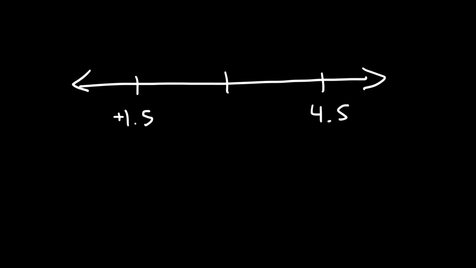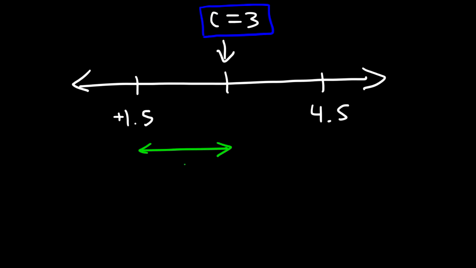Now let's plot the interval of convergence on a number line. So we said it's between positive 1.5 and 4.5. And it's centered at c equals 3. The radius of convergence is 1/2 of the difference between 4.5 and 1.5.